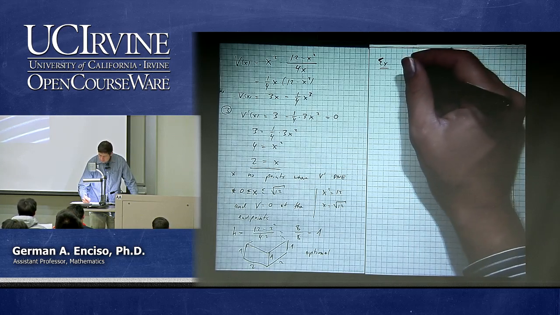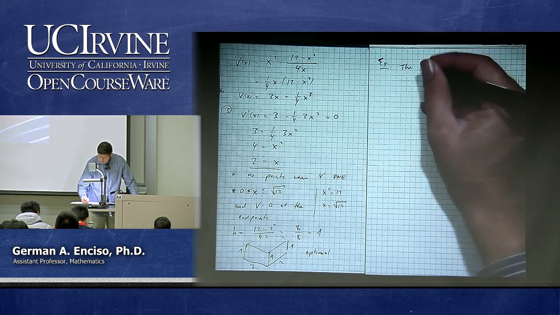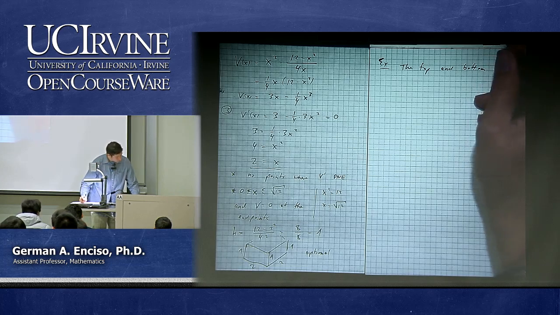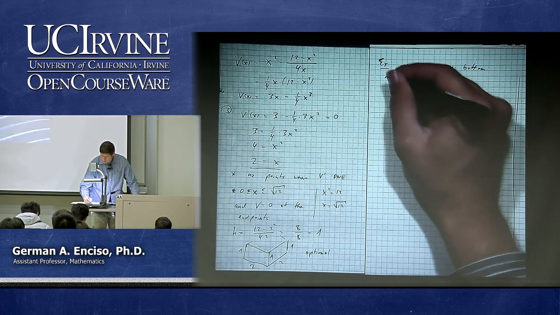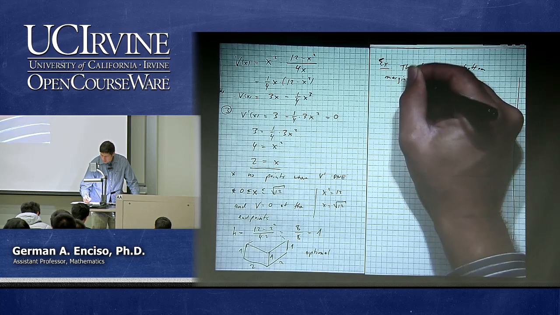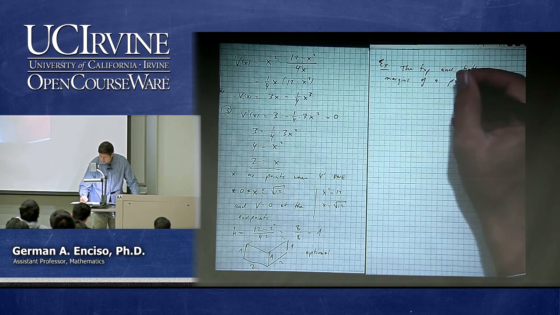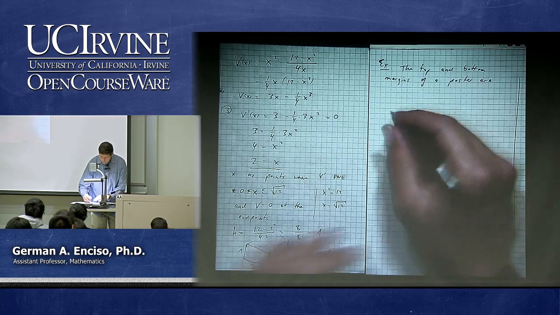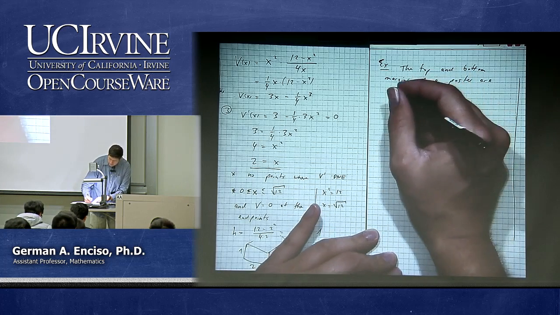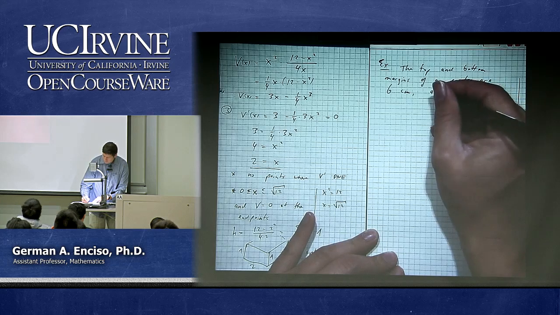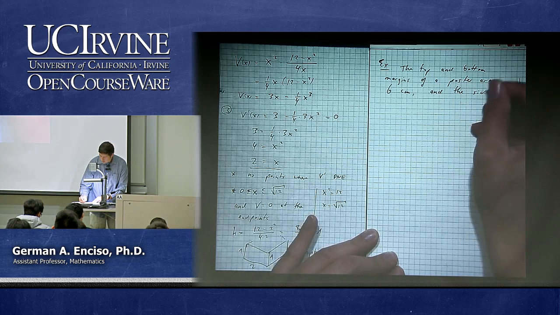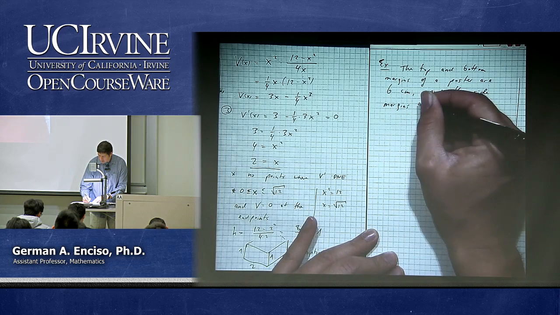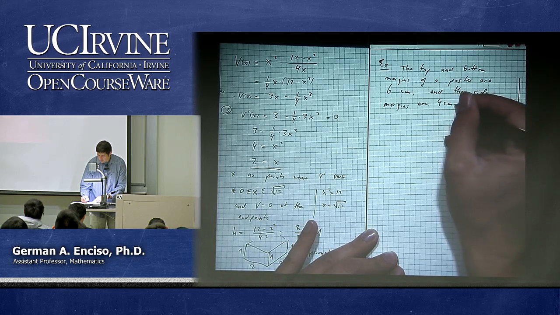Let's see, the top and bottom margins of a poster are 6 centimeters and the side margins are 4 centimeters.